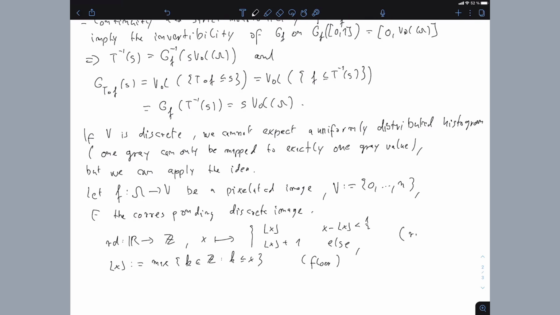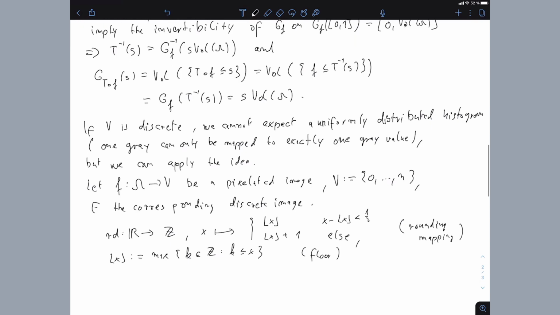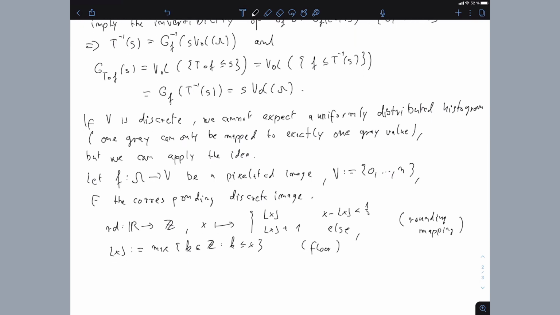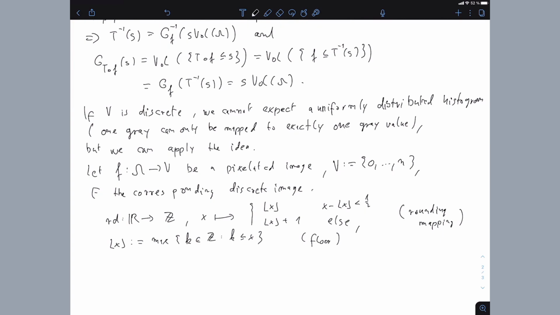Everything here is non-negative. It doesn't differ much from the rounding that you may know. But in general, some rounding functions are rounding towards 0, so the behavior is different whether you're bigger or smaller than 0. This one is always rounding up, whether it's positive or negative. That's the main difference.